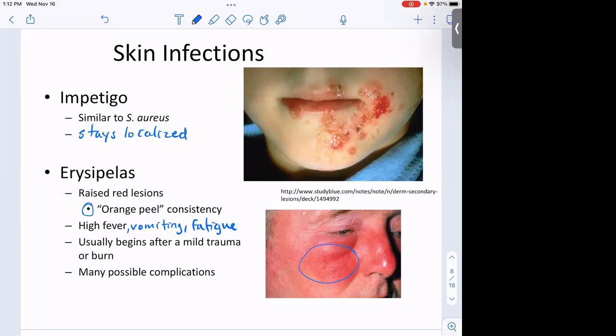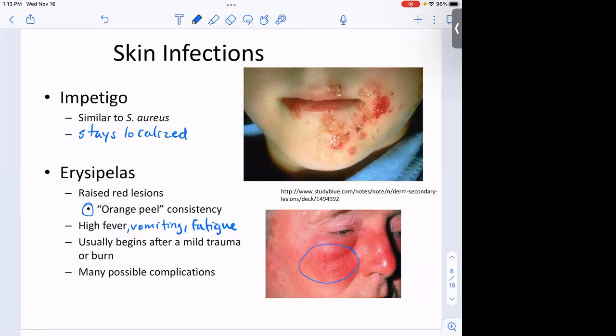Okay. Often it will start out if you have a little bit of some kind of wound or a burn or some kind of lesion on the skin, and lots of different complications. This can be fairly mild and kind of superficial, or it has potential to be deadly. So it's one of those things, if it's suspected, you want to have it taken a look at by a doctor.